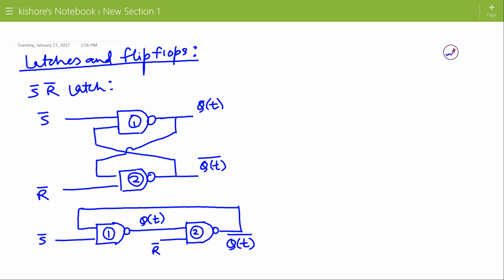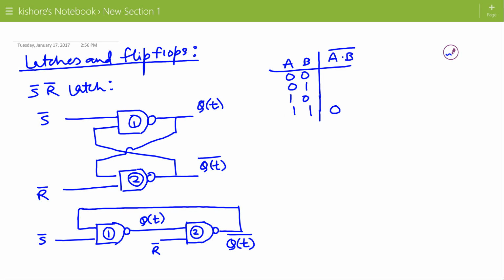Here NAND gate is used. So in NAND operation, two inputs are A and B. Output of NAND gate is unique when all the inputs are high and the unique output is 0.